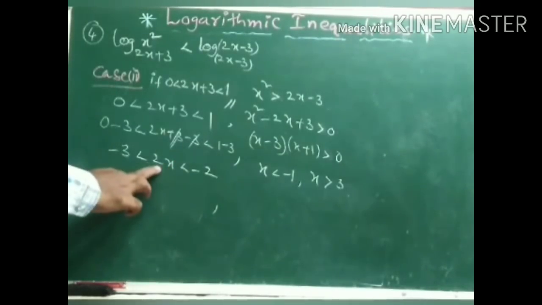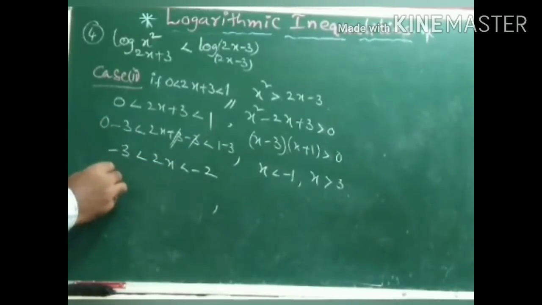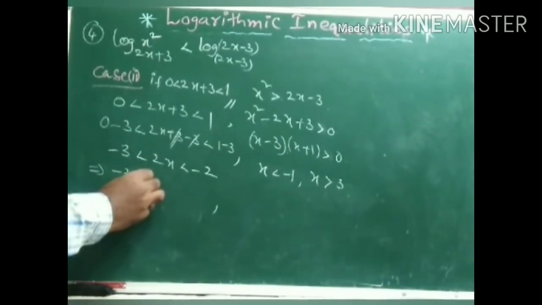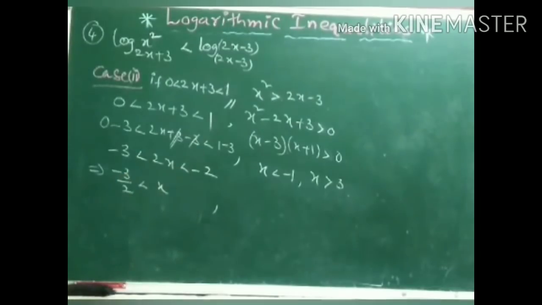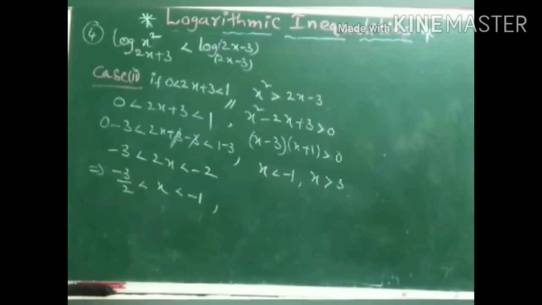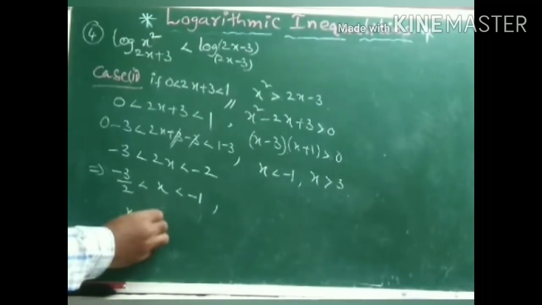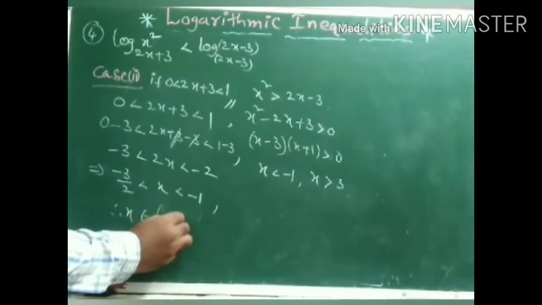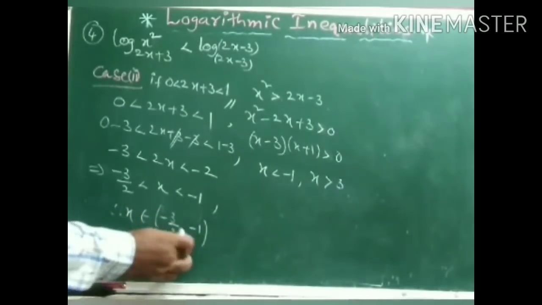Also divide by 2 on all sides. Now this is minus 3 by 2 less than x less than minus 1. So x belongs to the open interval minus 3 by 2 comma minus 1.